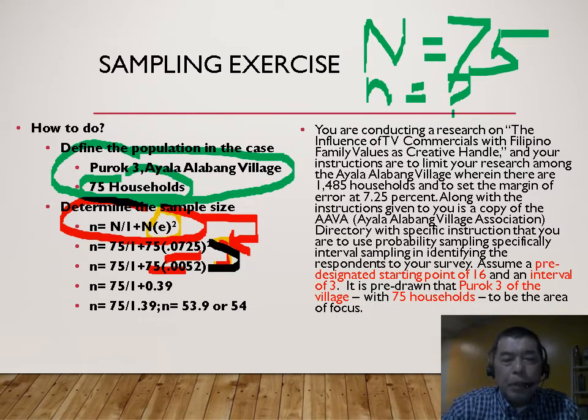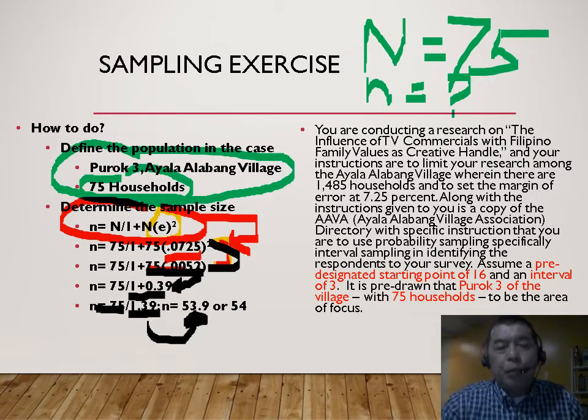And then, the next process, you divide 75 by 0.0052 and you get this value. Okay? And then, the next process, you add 1 plus 0.39, so you get this process. And then you divide 75 by 1.39, you get the small letter n, 53.9.